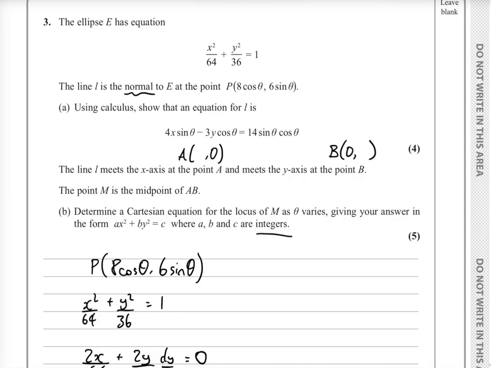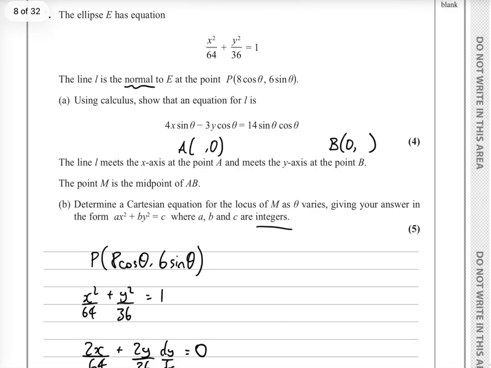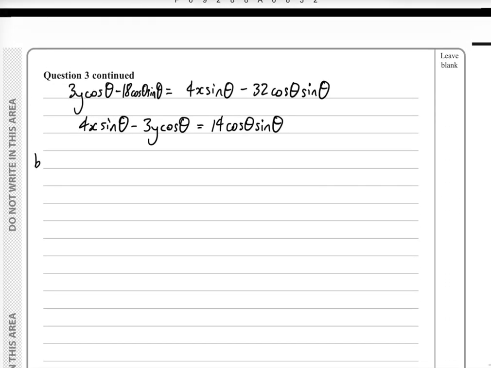So we've got L from part A. I just put in y equals 0 to find the point A, and x equals 0 to find the point B. For point A, y equals 0. Putting that in gives us 4x sine theta equals 14 cos theta sine theta.